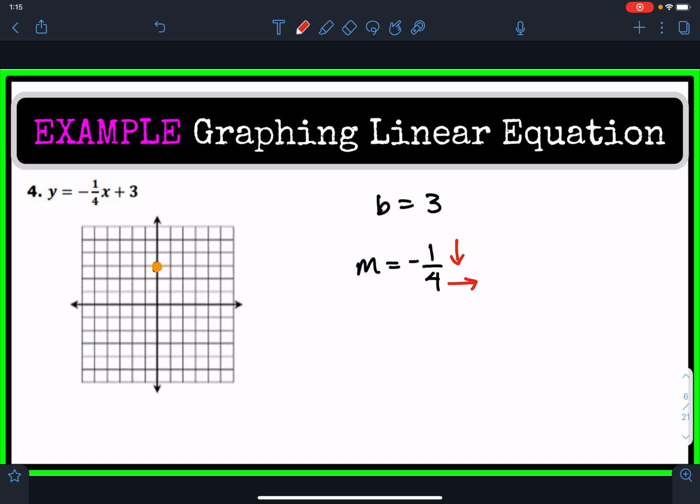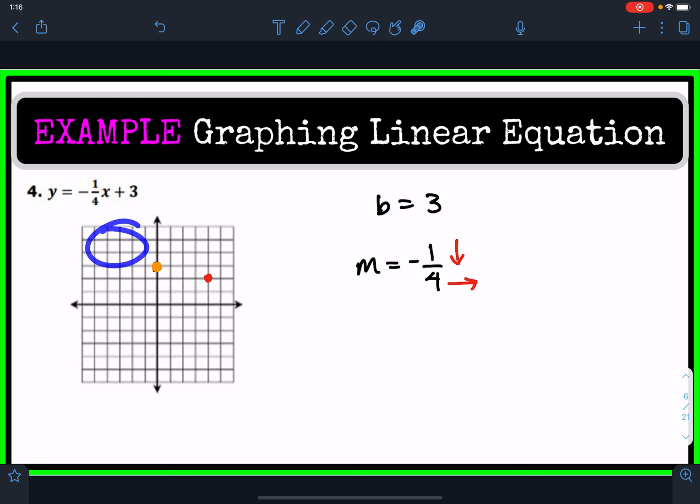So from the orange spot, I would move down 1, and then 1, 2, 3, 4 over. And just like the last example, I can continue moving down 1 and over 4. I'm not too sure if I'm spacing those correctly, so what I'm going to do is simply retrace my steps.